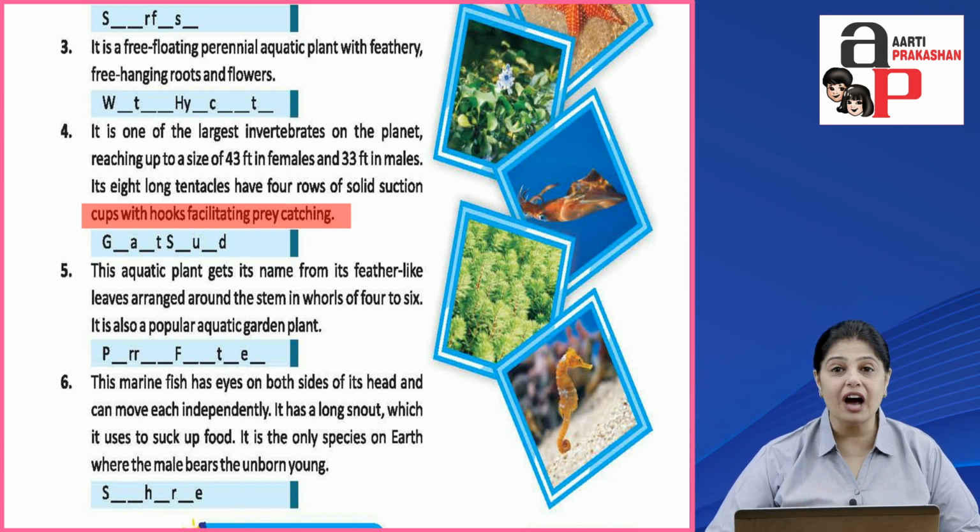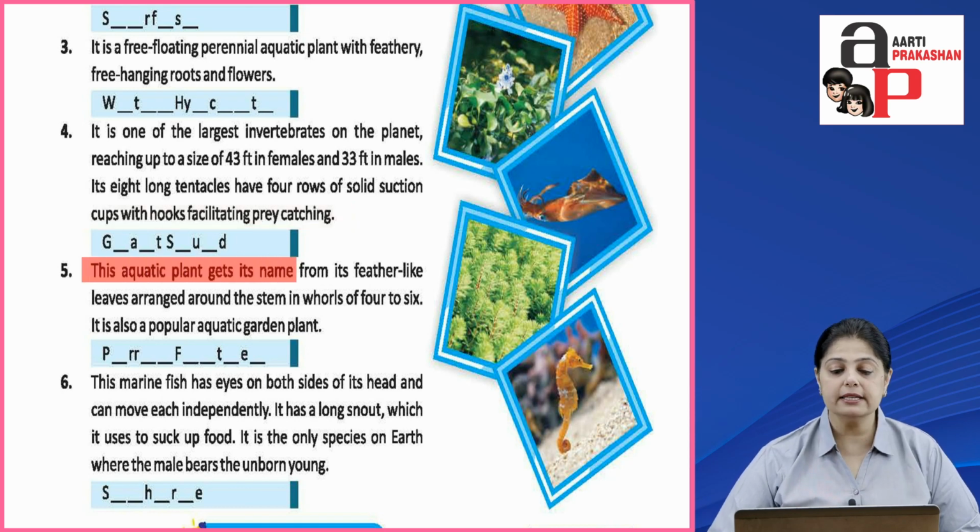This is called the giant squid. And squids can really be very dangerous. They have these solid suction cups with hooks, they can actually catch their prey very quickly. So, this is a giant squid, G-I-A-N-T S-Q-U-I-D.